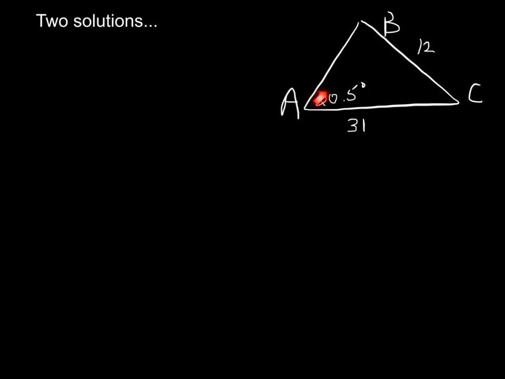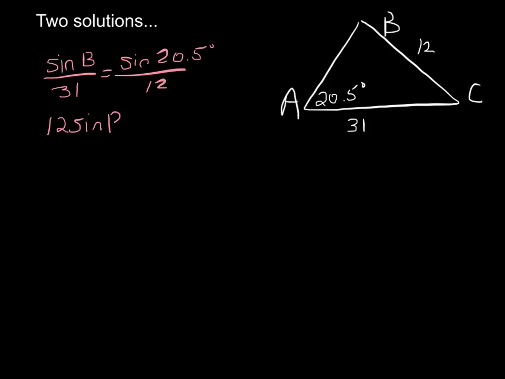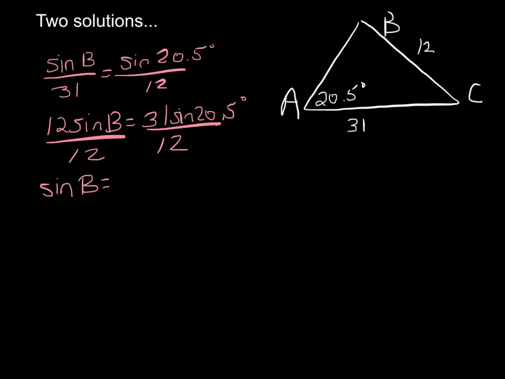We can again use the law of sines to try to find angle B. So sine B over 31 equals sine of 20.5 over 12. We'll cross multiply. Divide. So sine B equals 31 sine of 20.5 degrees over 12.